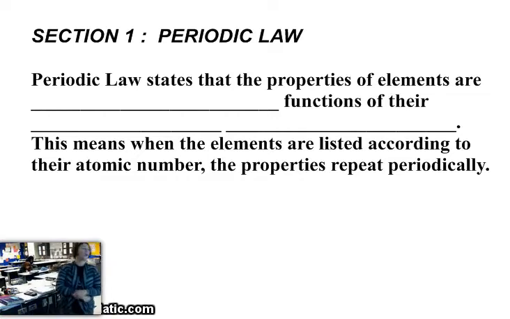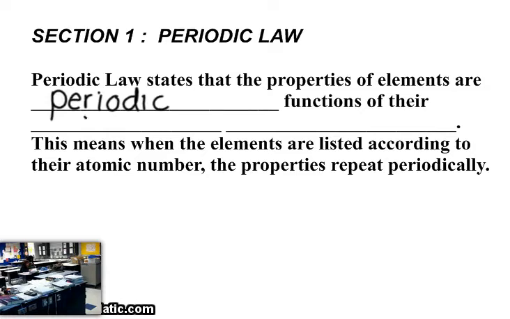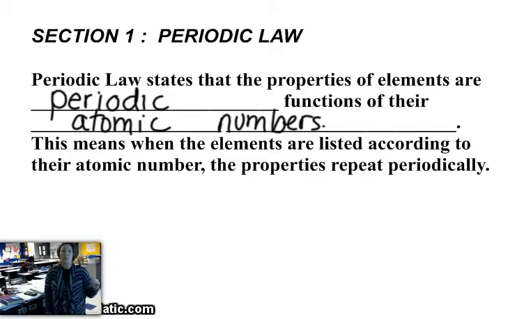All right, so first of all, periodic law states that elements are periodic functions of their atomic number. That's kind of a hard sentence to decipher, so what that means is when we list the elements from top to bottom according to atomic number, 1, 2, 3, 4, the properties of elements tend to repeat themselves.